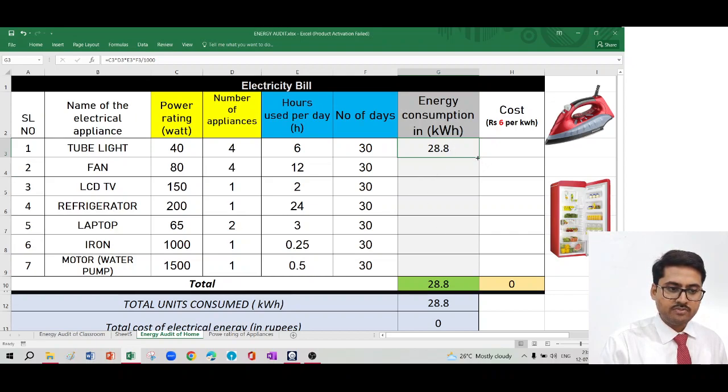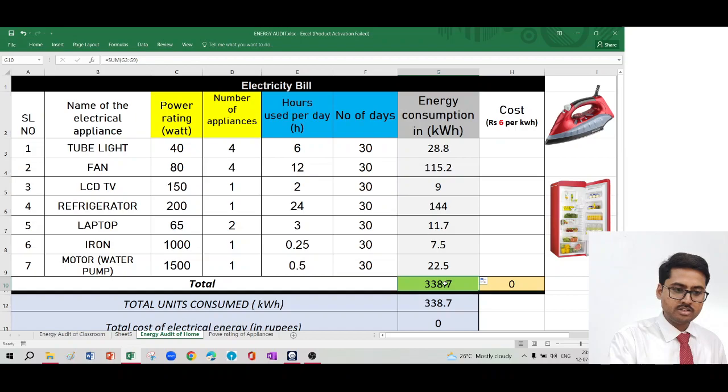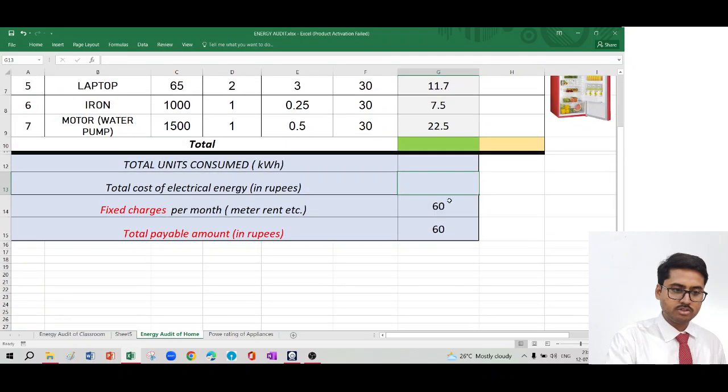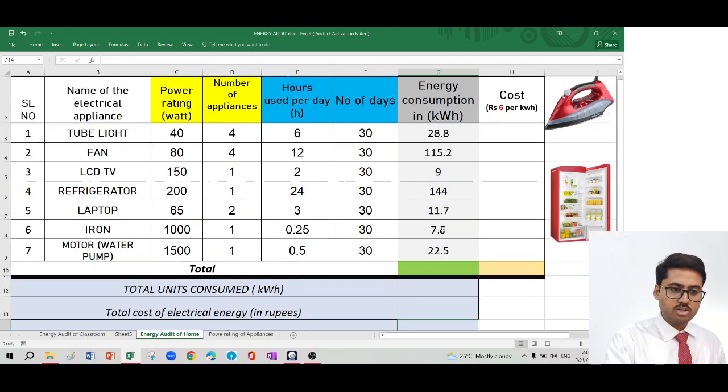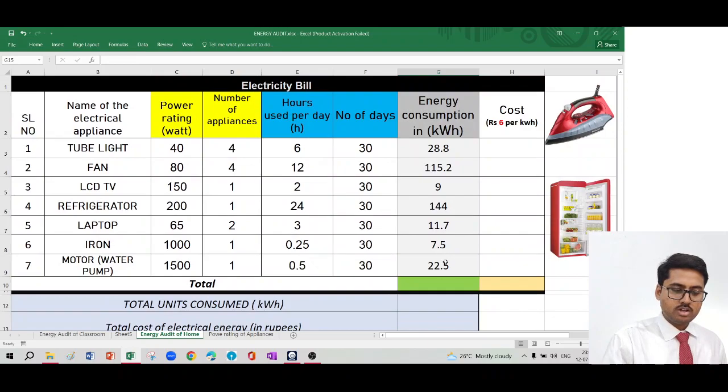Okay, and if I simply drag the formula for all the appliances, you can see I am getting the total over here. And how to calculate the total, let me delete this formula first of all. Let me remove all the formulas because it has been used earlier also. So in order to calculate the total energy consumption, we just have to add.